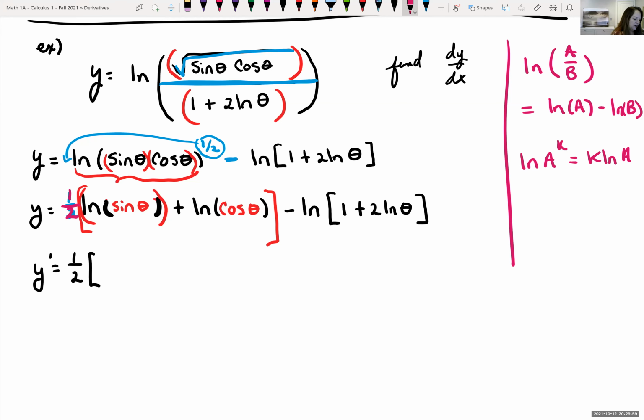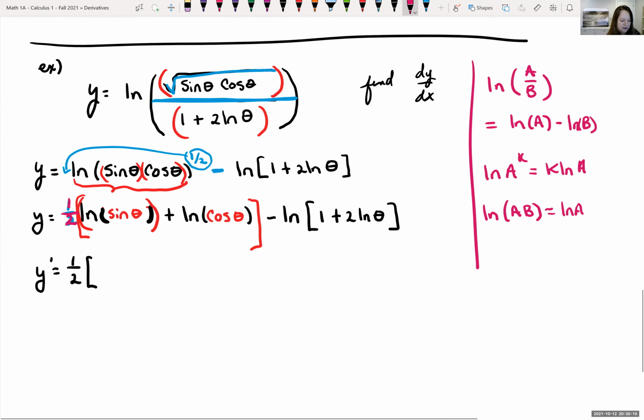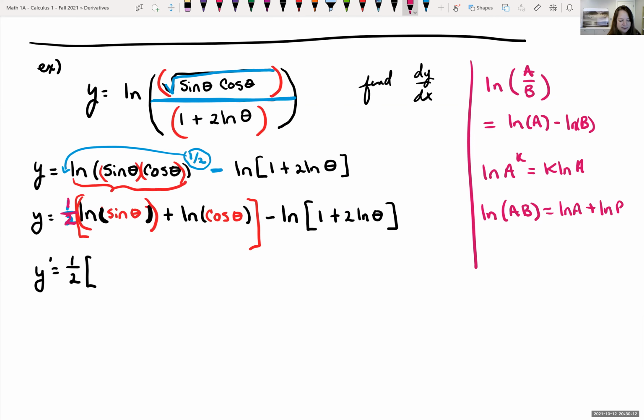And then the other rule we're using is that if you have natural log of multiplication, then this is the same thing as the natural log of the first piece plus the natural log of the second piece. And so now, just by rewriting it, we're going to take the derivative of each piece.